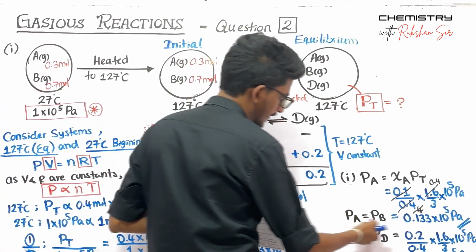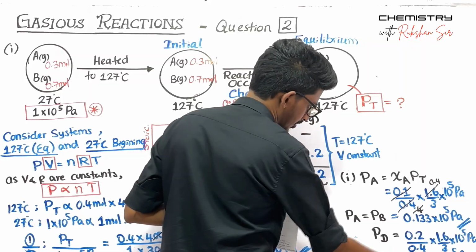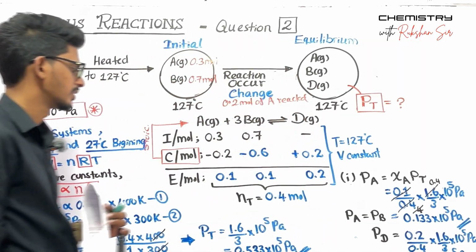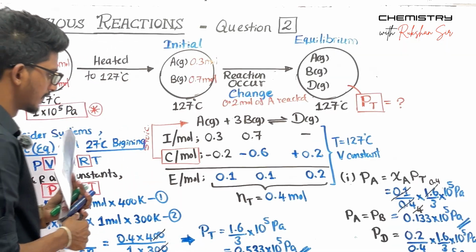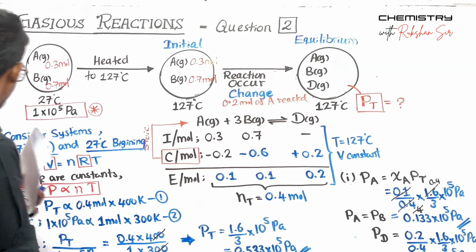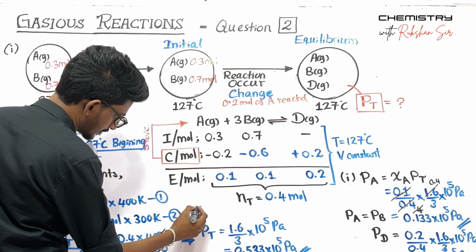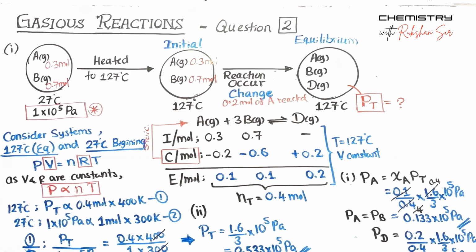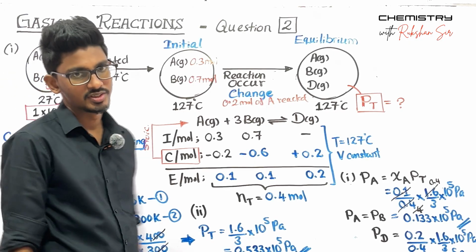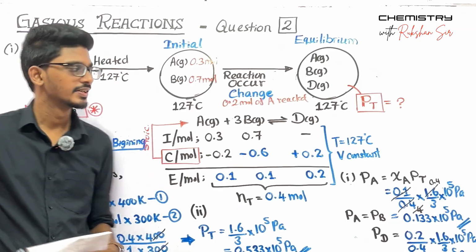This is the value for the partial pressure of A as well as B. This is the value for the partial pressure of D. This is the P total value. So this is the answer for Roman number 2. So that is how we are supposed to solve this kind of question with the use of proportionalities. Okay, let's complete this.